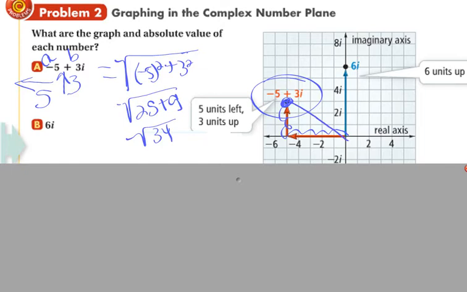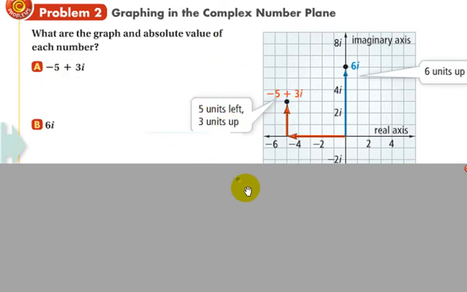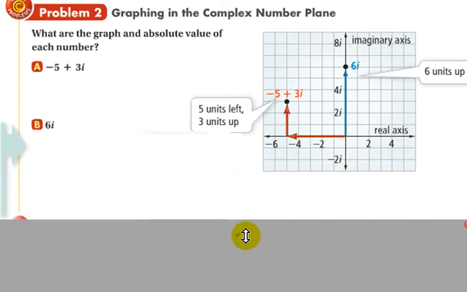So the absolute value distance there is radical 34. Any questions? It's really quite easy once you work through it and you're not just frantically trying to copy what I'm doing.